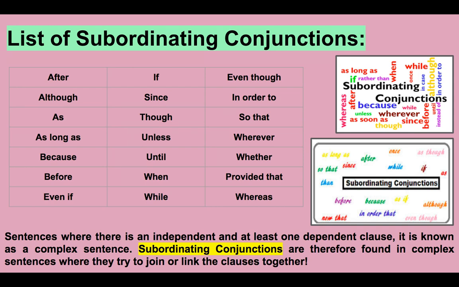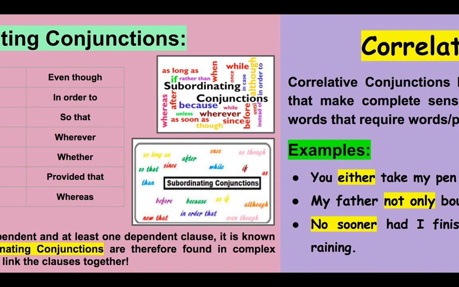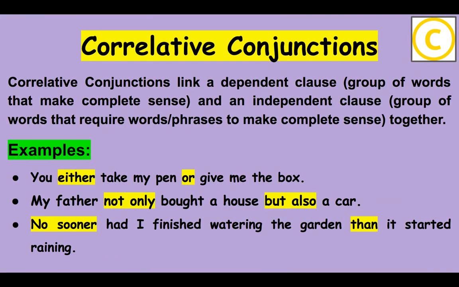A sentence with an independent and at least one dependent clause is known as a complex sentence. So always remember that subordinating conjunctions are found in complex sentences where they link the clauses together.